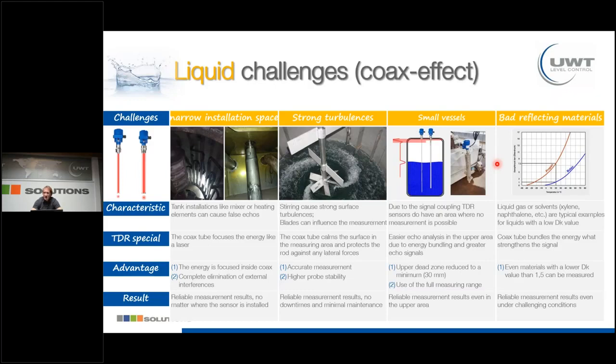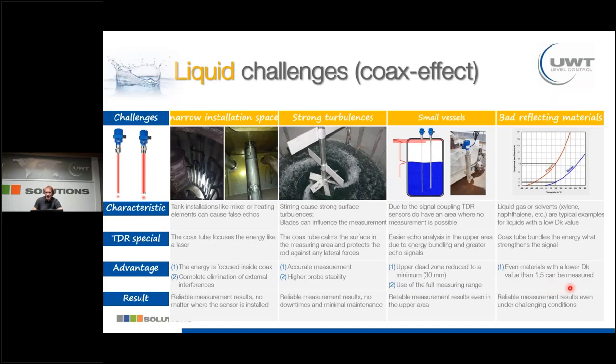The signal is better than when it's spread only around the probe. When we focus this signal inside this tube, we can also measure liquids with a very low decay value, like solvents or liquefied gases, which normally have a very low decay value. By using the coax tube, you will have reliable and accurate measurement results, even with these hard-to-measure liquids or materials.